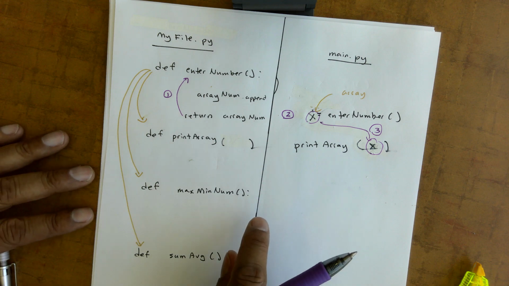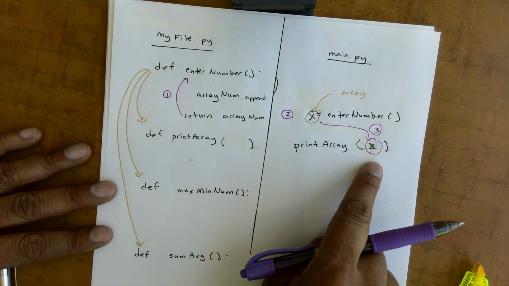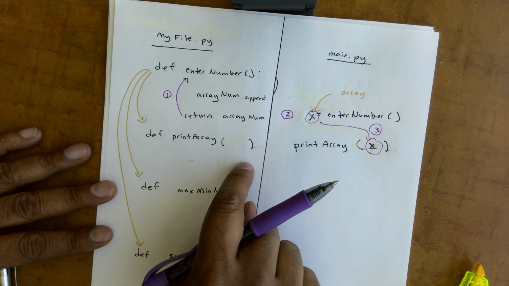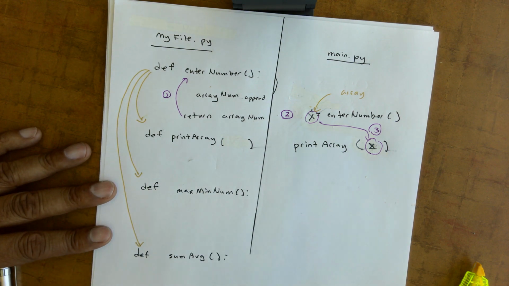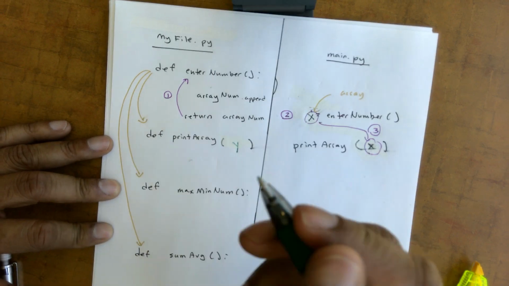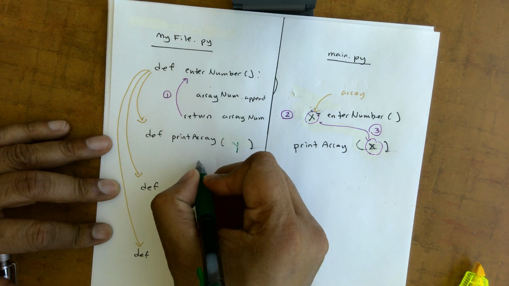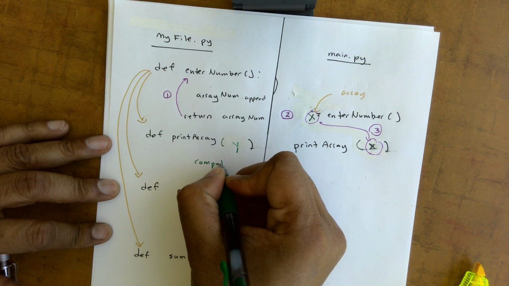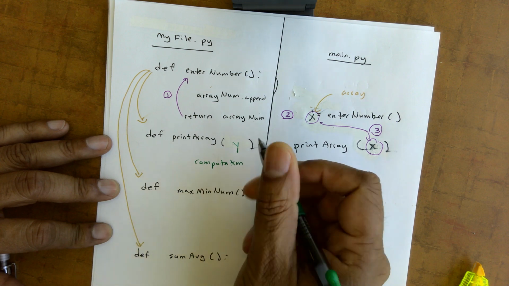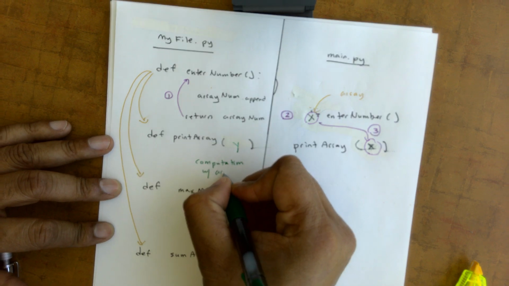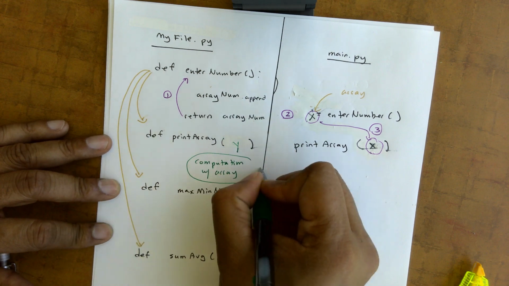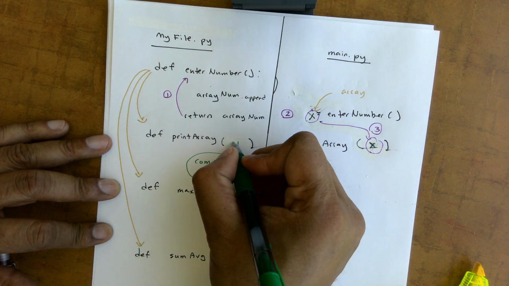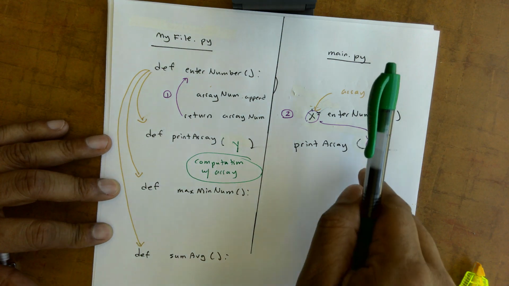Okay. Now, what do you do here? Well, I have to pull this x value in. Okay, how do I pull that x value in? I would obviously have to have, and you can do your computation. So you can do some of your computation here, whatever that computation is, okay, with array, right? Whatever you're printing array, whatever you're trying to do, this is your y value. So your x has here.